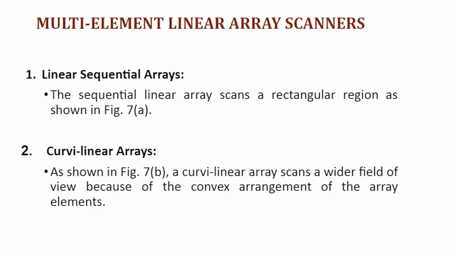The sequential linear array scans a rectangular region, as shown in figure 7a. The scanning lines are directed perpendicular to the face of the transducer. The beam is focused but not steered.